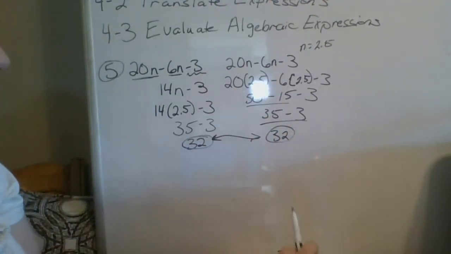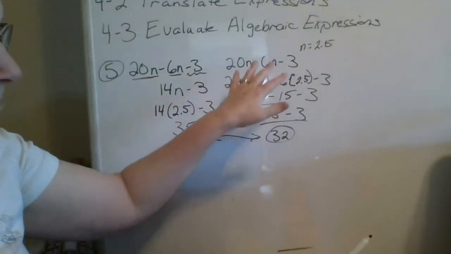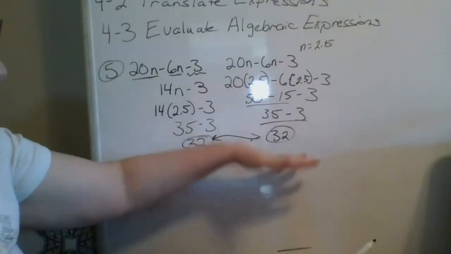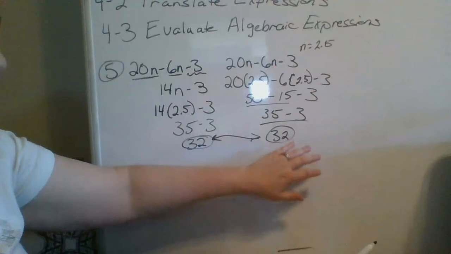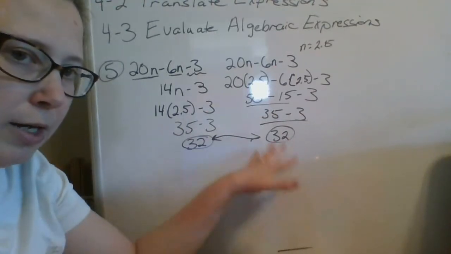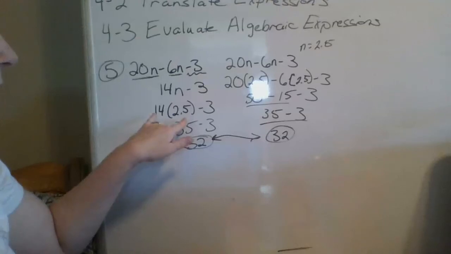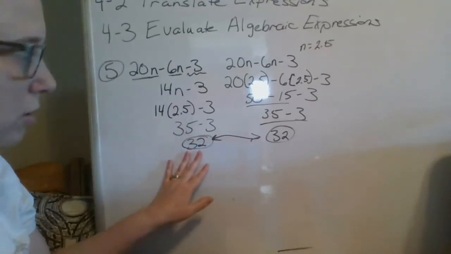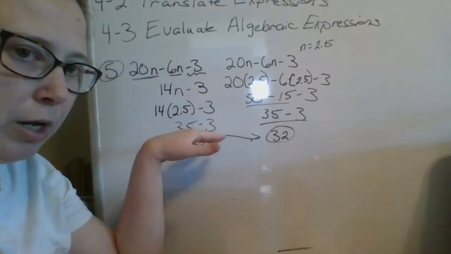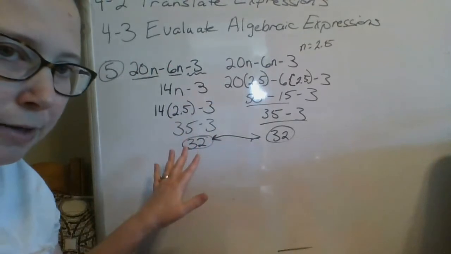So if you feel more comfortable substituting in and then finding out what the answer is, that's fine. You're going to get the same answer as if you combine like terms and then substitute it in and get your answer. This is way more streamlined. There was less math involved.